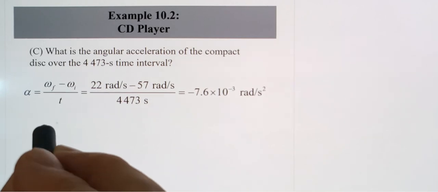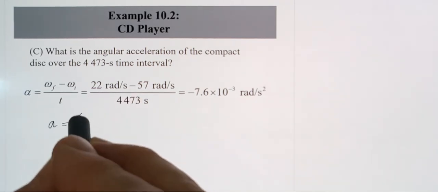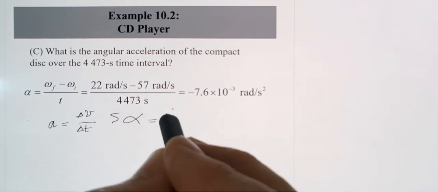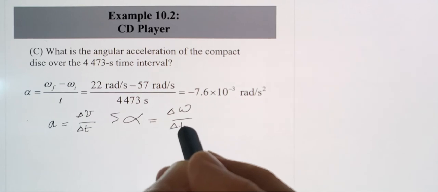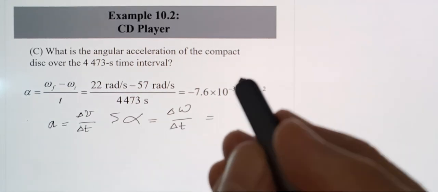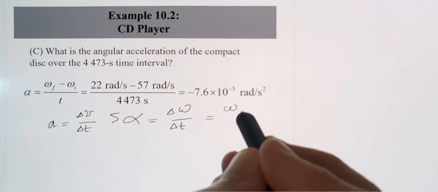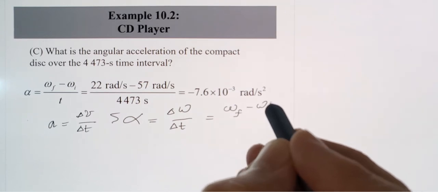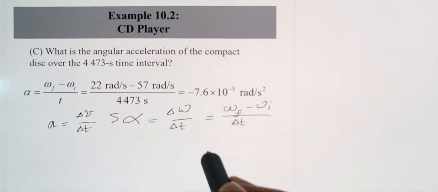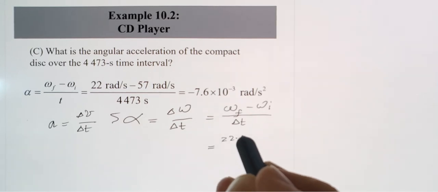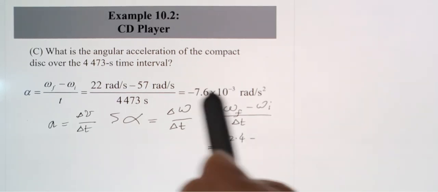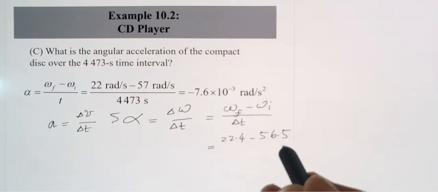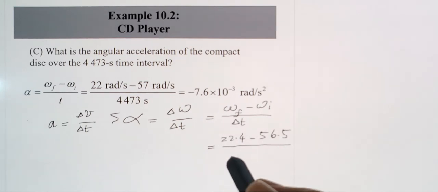Well, we know that a is equal to delta v over delta t. So alpha is equal to delta omega over delta t, which means final speed minus initial speed over delta time. The final was 22.4. The initial, in the innermost track, was 56.5. Well, total time is given for us.